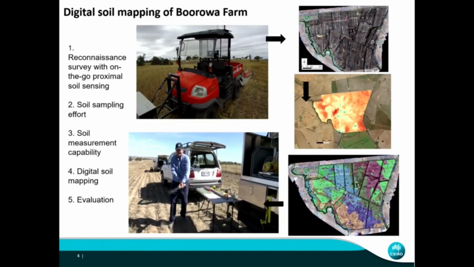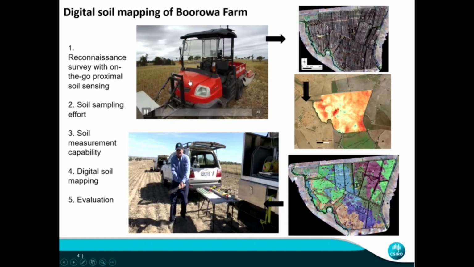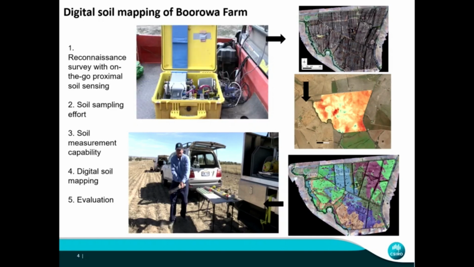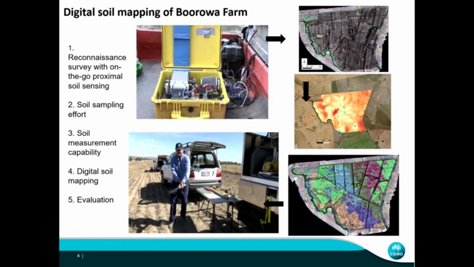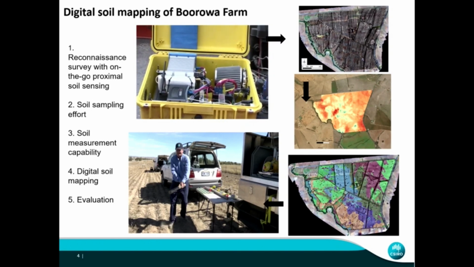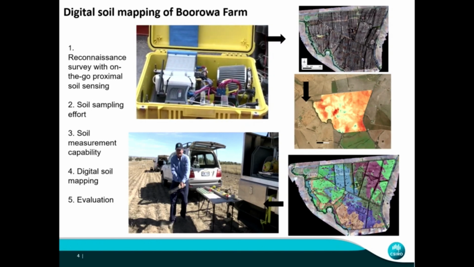So the underpinning, after the farm was purchased, I suppose, was the establishment of the baseline, the soil map. There are 5 main components of that. There's a reconnaissance type survey. We've got some videos here. So we've got the on-the-go vehicle here. It's got a computer there that combines all the data.